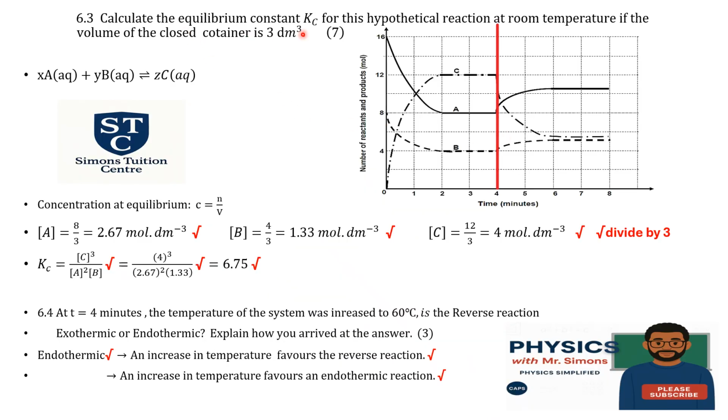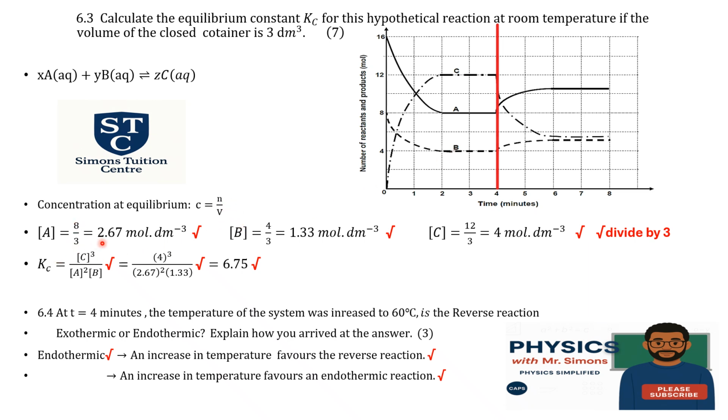So calculate the equilibrium constant Kc for this hypothetical reaction at room temperature if the volume of the closed container is 3 decimeter cubed. We assume you remember that concentration at equilibrium, c equals n over V, my moles divided by the volume. So at 2 minutes it reached equilibrium. C would be 12 divided by 3, A would be 8 divided by 3, and B would be 4 divided by 3, my moles divided by my volume.